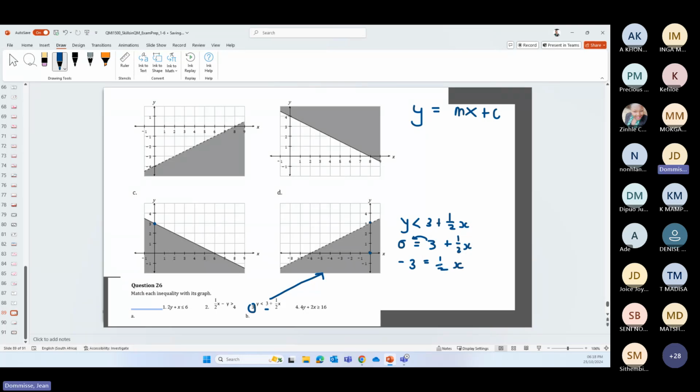To get rid of a half, we multiply with 2 on both sides. So x is minus 6. And we can see there x is minus 6. So the line 3 is the same as graph D.